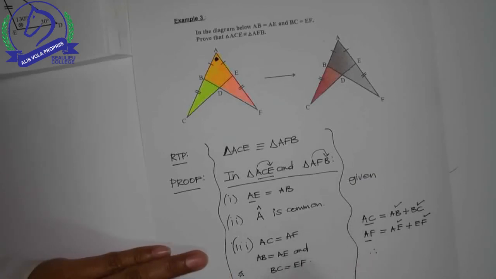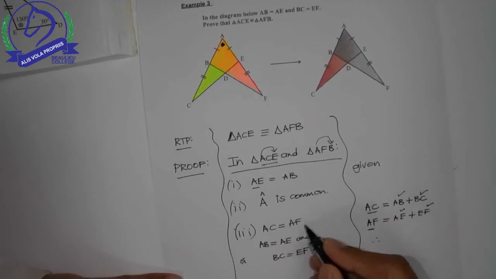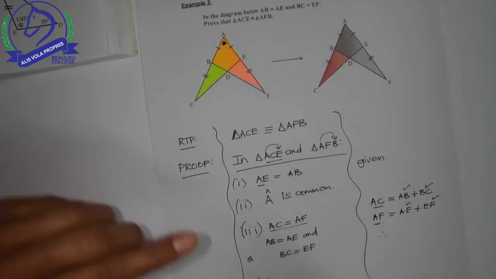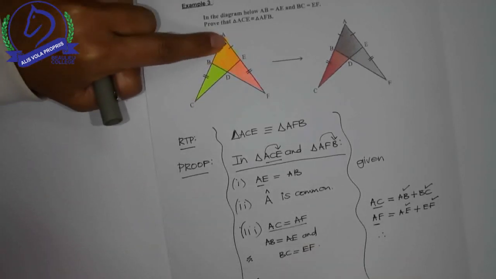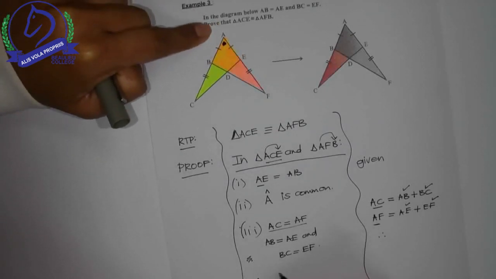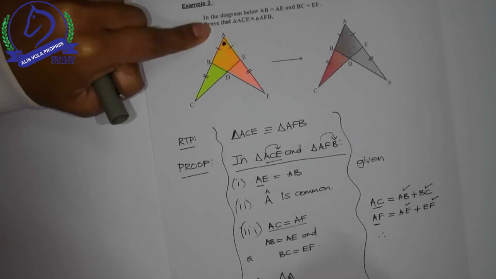So we're going to just move that down there. Or you could put this section there. It doesn't matter. So all of this is explaining why AF is equal to AC. So you've got your side, you've got your angle, and you've got your side. And that angle is included. Okay, so it's therefore triangle ACE is congruent to triangle AFB, side, angle, side.